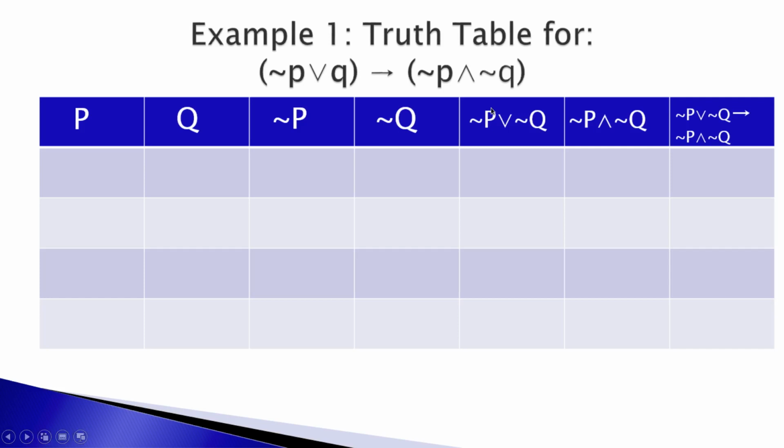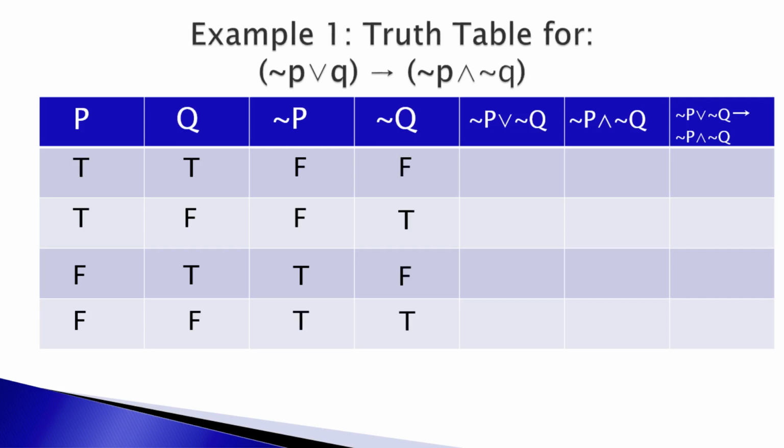So we start off by filling in the P values again of true, true, false, false. Our Q values of true, false, true, false. And the not P values, which is just the opposite of the P values, of false, false, true, true. The not Q values, which are the opposite of the Q values, of false, true, false, true.